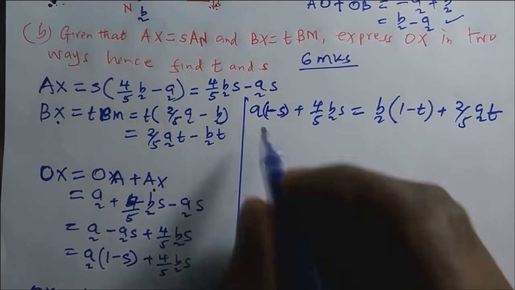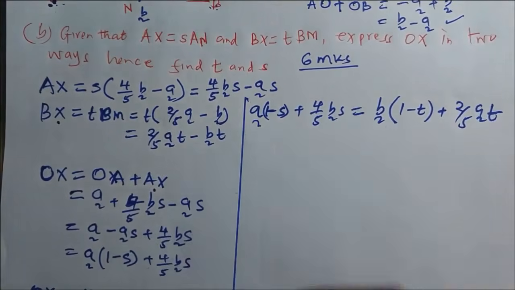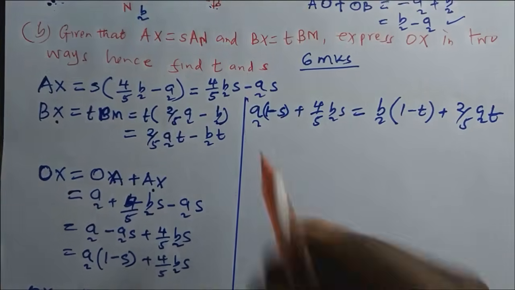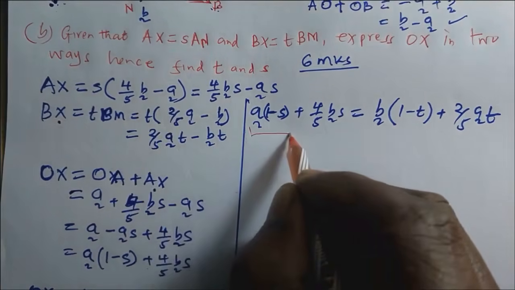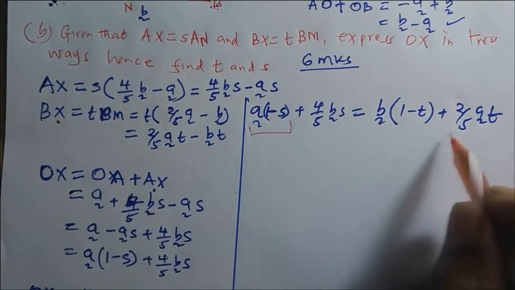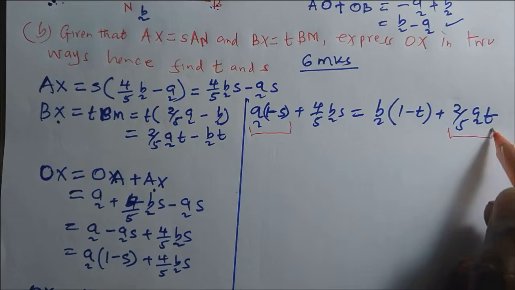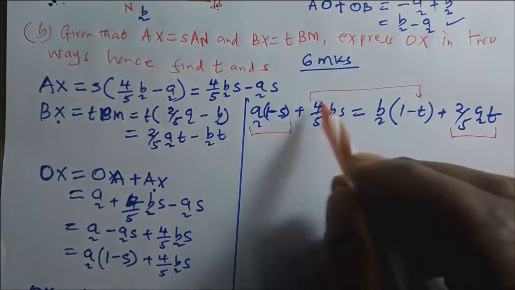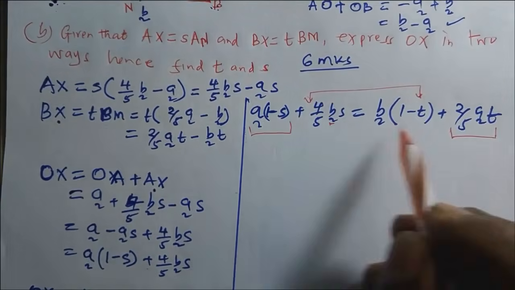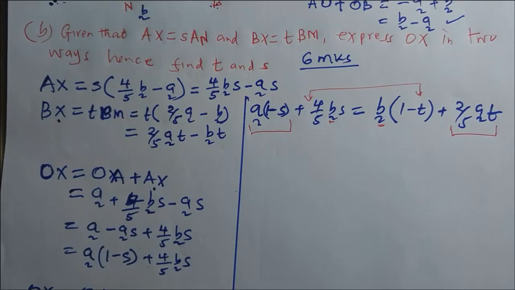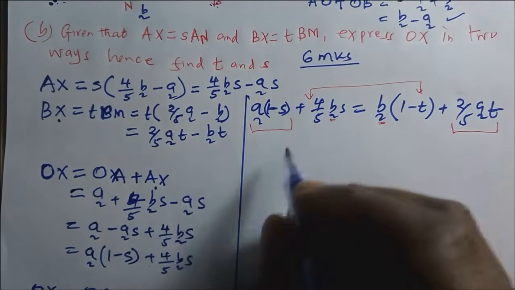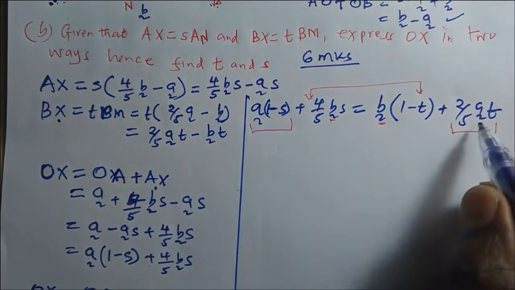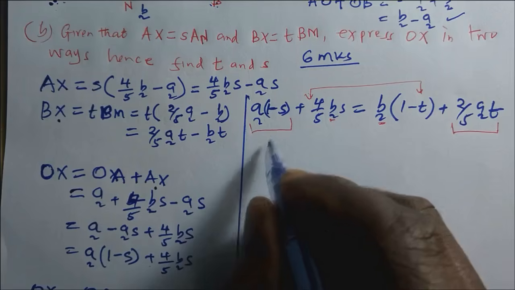Now those that have the same vector are equal. This and this one, we equate them because they have the same vector B and B. Once you equate them, you ignore the A, since these are like terms.